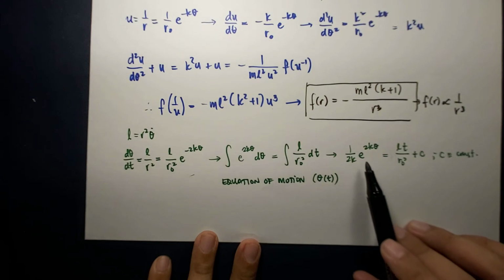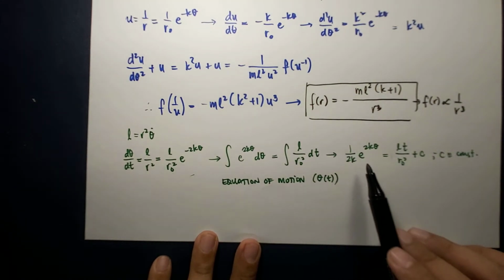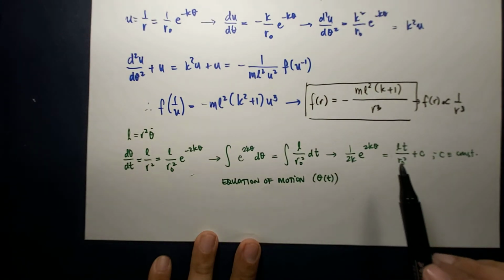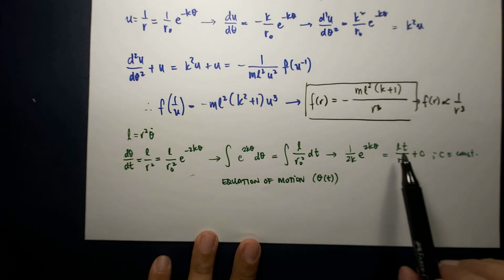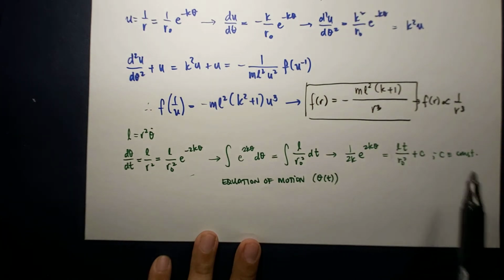And then taking the natural logarithm of both sides, that's 2kθ equals the natural logarithm of 2k l t over r0 squared plus 2kc.